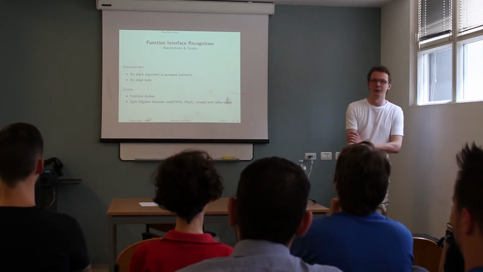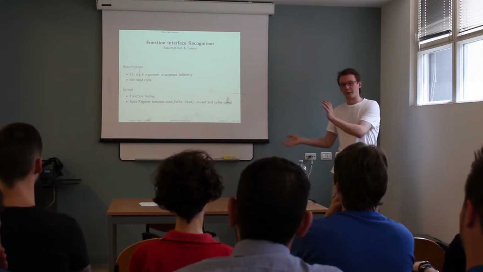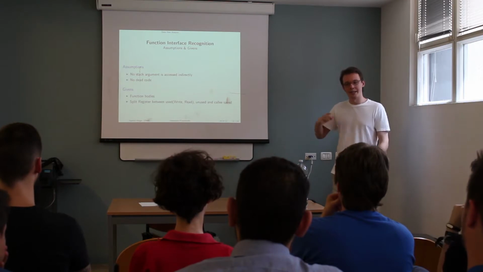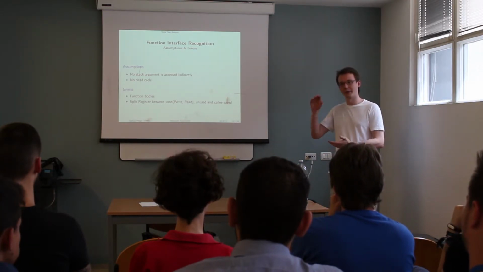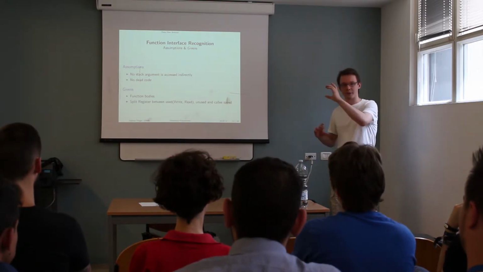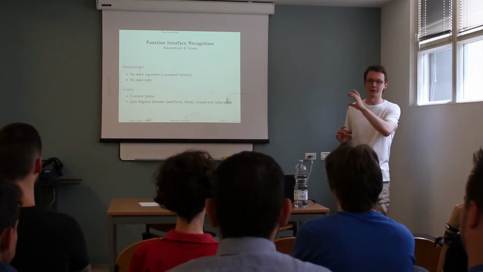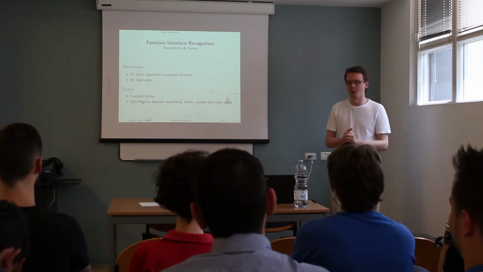Callee-save means that you usually push it on the stack at the beginning of the function, do some stuff with it inside the function, and later on put the actual value that you have pushed to the stack back in the register. So the value in the register at the beginning of the function and at the end of the function are the same. You save it for the caller.